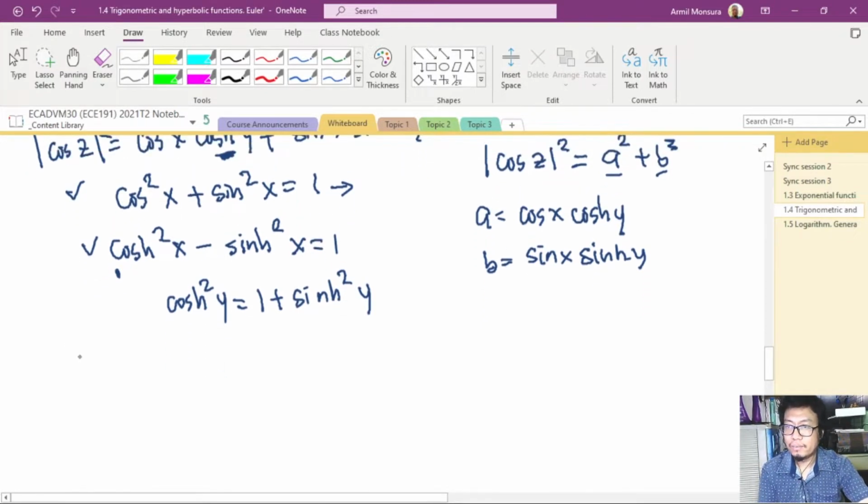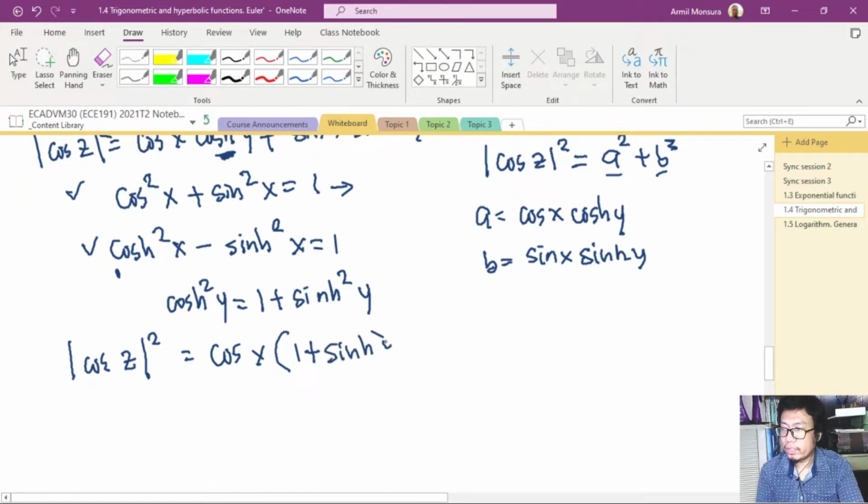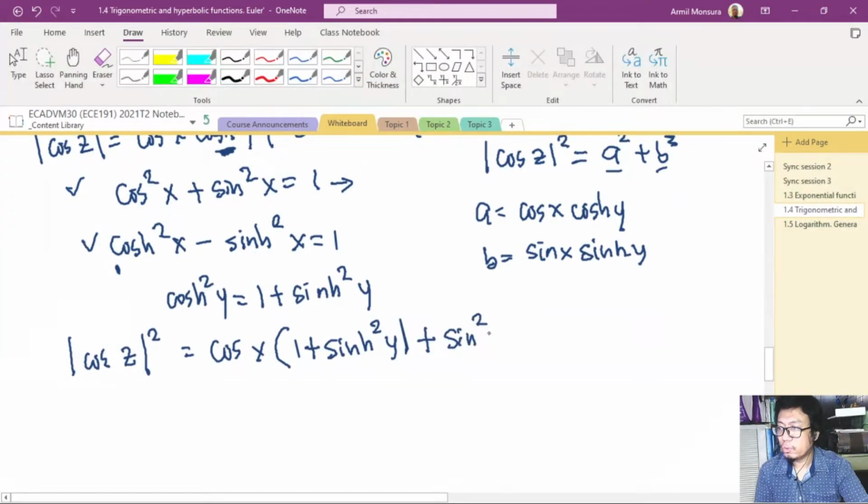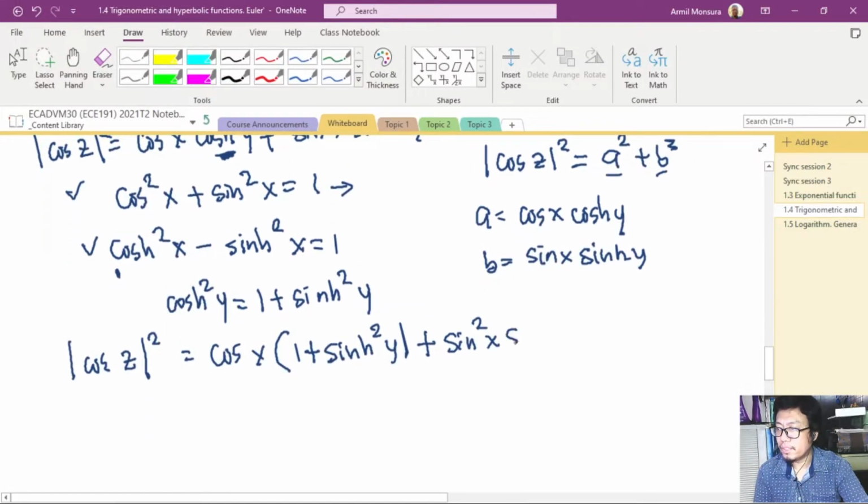So I'll have the magnitude of cosine z squared is cosine square x times 1 plus hyperbolic sine square y plus sine square x times hyperbolic sine square y.